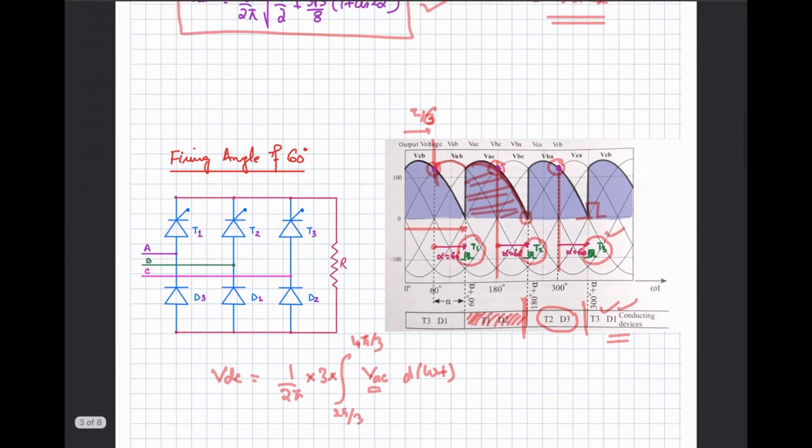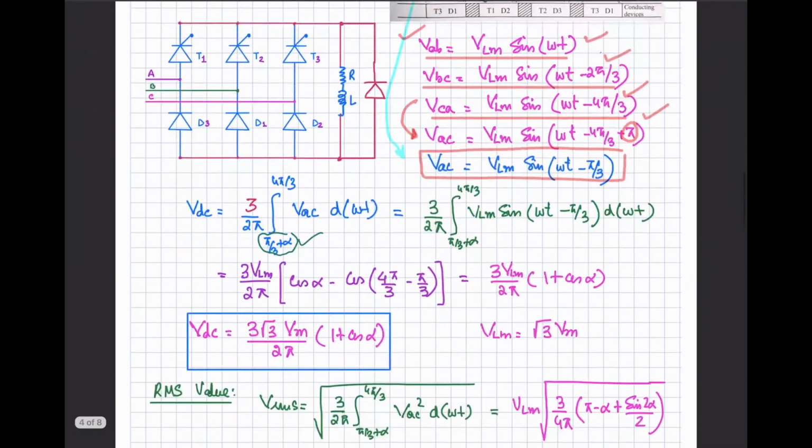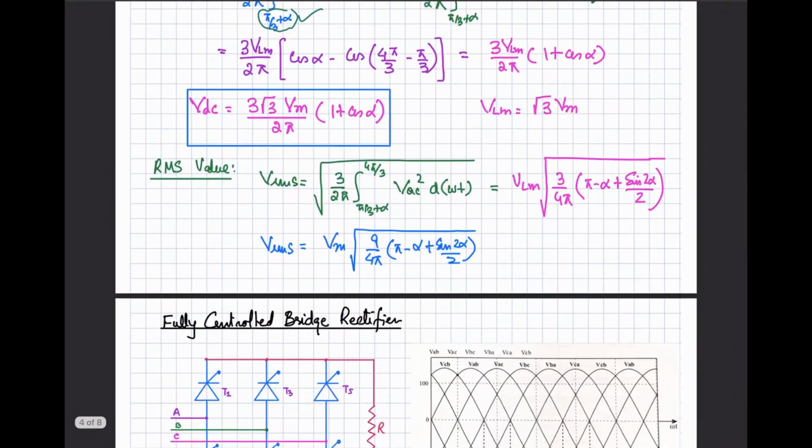So for the firing angle up to 60 degree we use this expression, and for the firing angle above 60 degree we use the second expression that we have seen over here. So this is used for the firing angle above 60 degree.